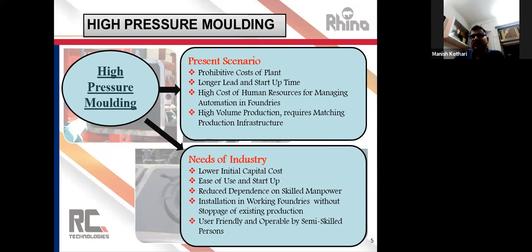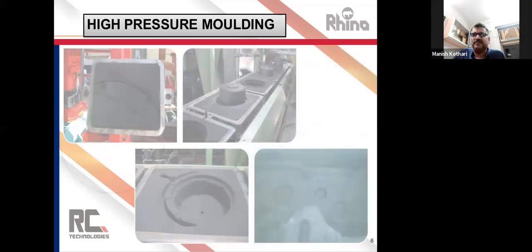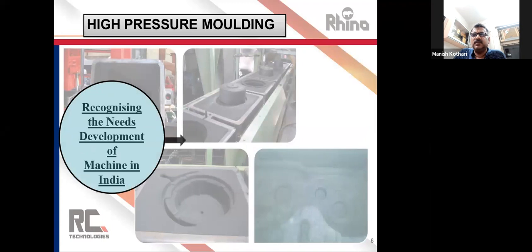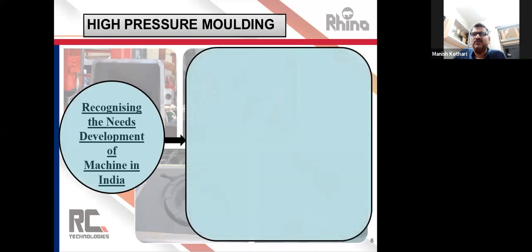These were some of the criteria which were very relevant for our Indian context, considering that we don't have a very long history of working on high pressure molding. So this is of course how we went about.